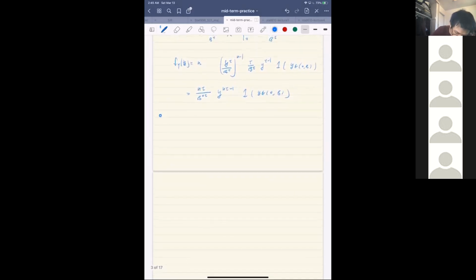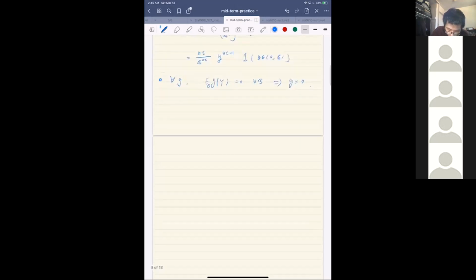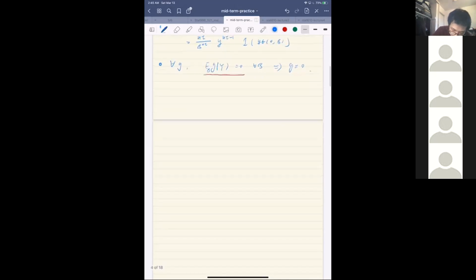So we want to say for any function g, if the expectation of g of y equals 0 for every beta, then this implies that g is equal to 0. So we have to calculate this.